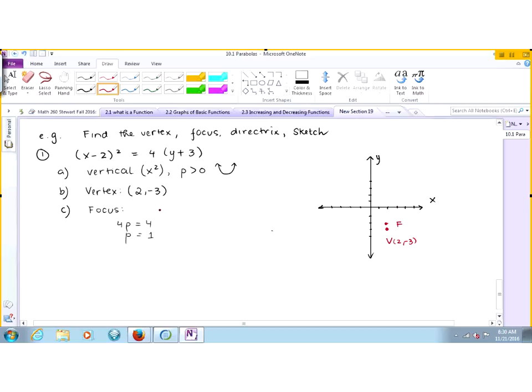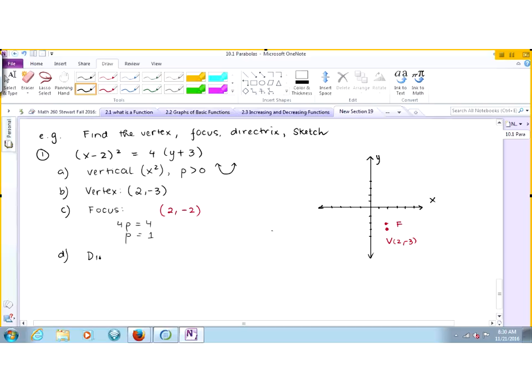Do I know the coordinate of this point? Yeah, 2 comma negative 2. If you memorize it, it's h comma k plus p. Do you want to memorize that? No, right? We're just going to sketch it. I don't have to memorize anything. So the focus is here.